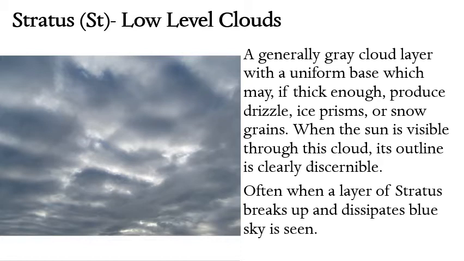So we can see some layers of stratus cloud developing in the sky. Sometimes we will have an overcast stratus cloud, but some streaks of sunlight can be seen in the fragments or holes of this stratus cloud.